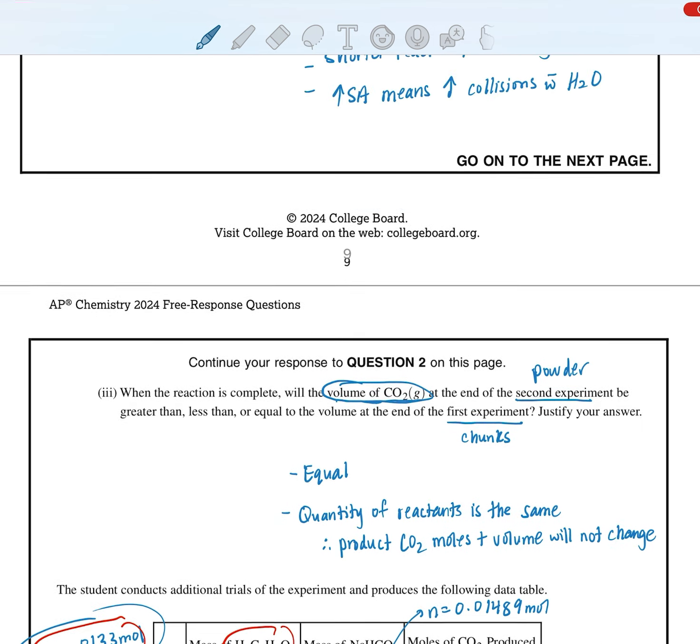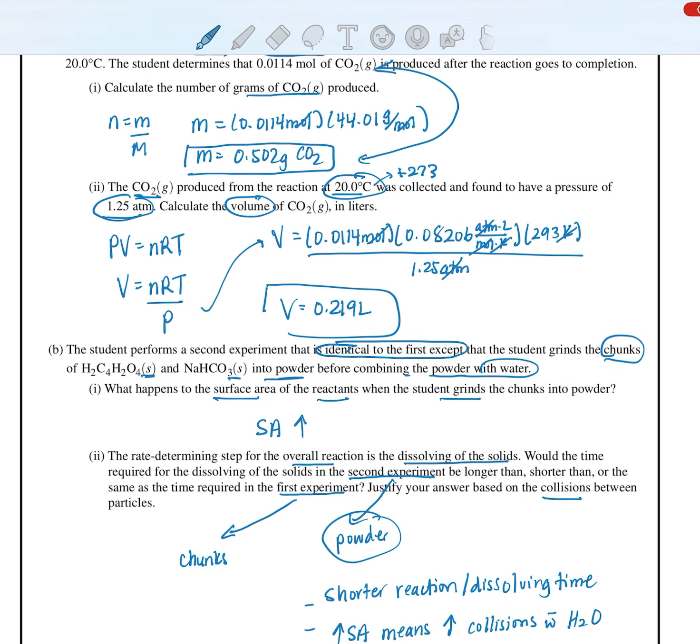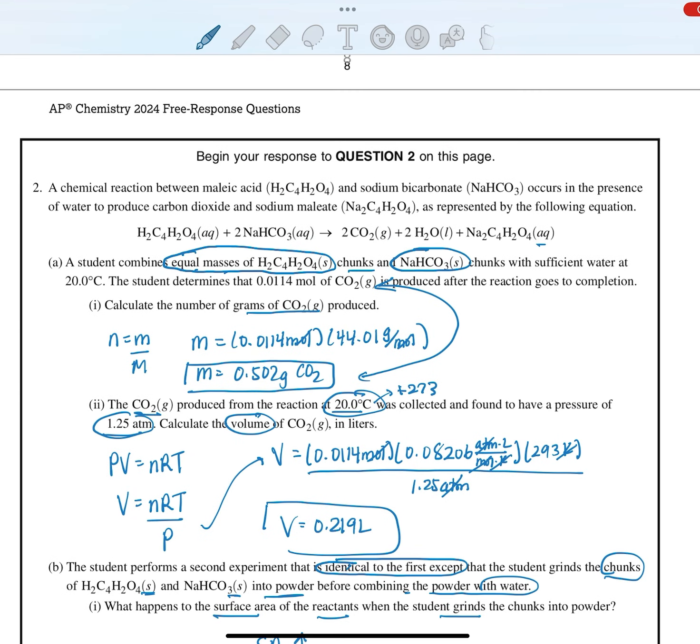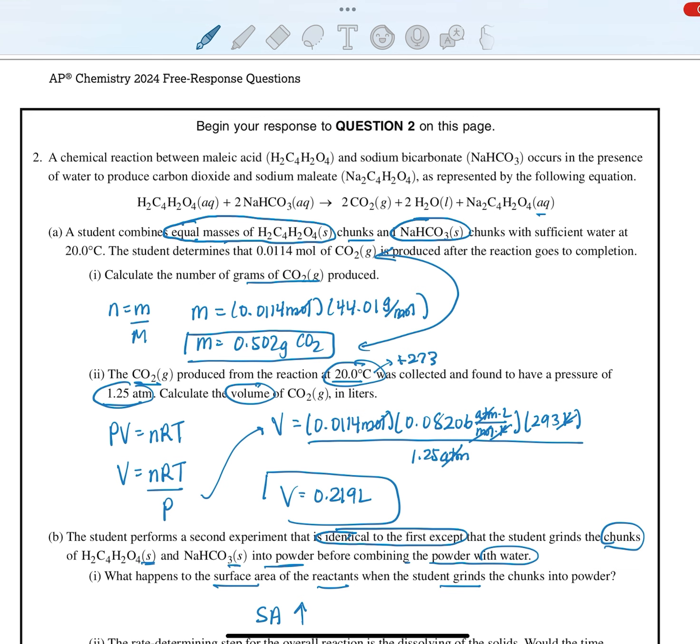Well, let me scroll all the way back and let's look at the chemical reaction. I've started on the reactant side. I have 2 reactants, aqueous things. And on the product side, I've created 5 molecules, and 2 of which are a gas.